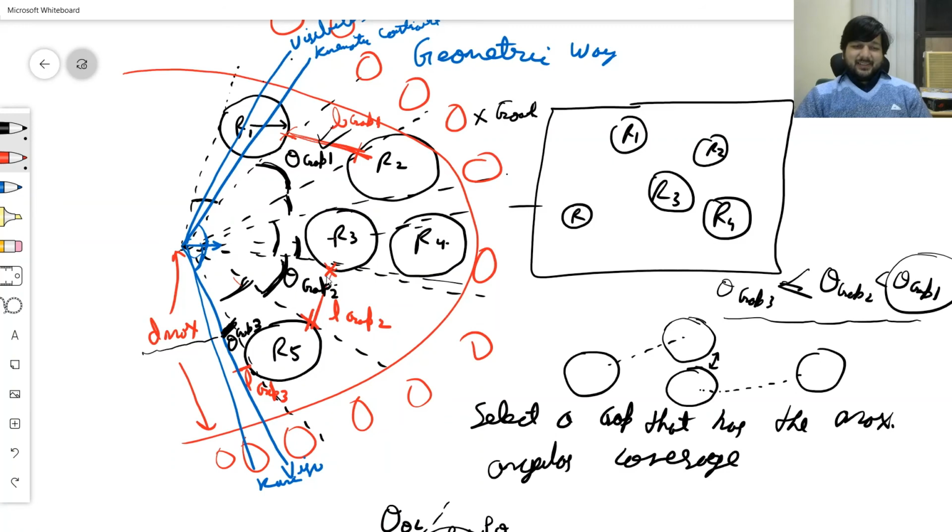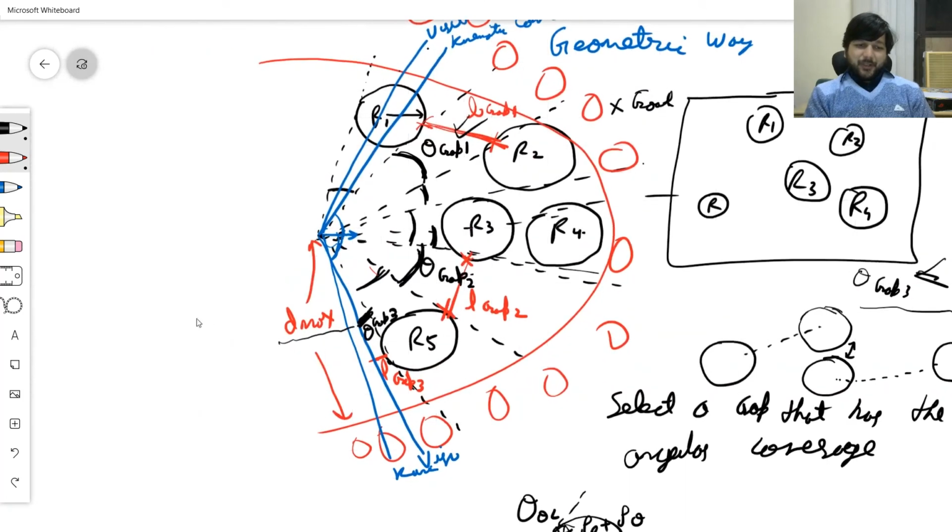Similarly here, more importantly, theta gap 2 was known, this distance was known, this distance was known. So we knew it from the previous formulas. We knew this distance, we knew this distance, and therefore you can actually find out from the law of cosines what is this length gap 2.